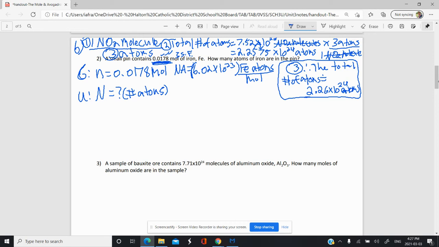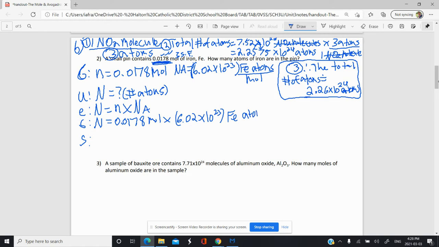So we're looking for N. And so what equation are we going to use? Well, if we're looking for big N, we know that big N is equal to moles times Avogadro's number. And so we can go ahead and substitute and solve. So big N is equal to the number of moles, 0.0178 moles, times 6.02 times 10 to the power of 23 Fe atoms per mole.